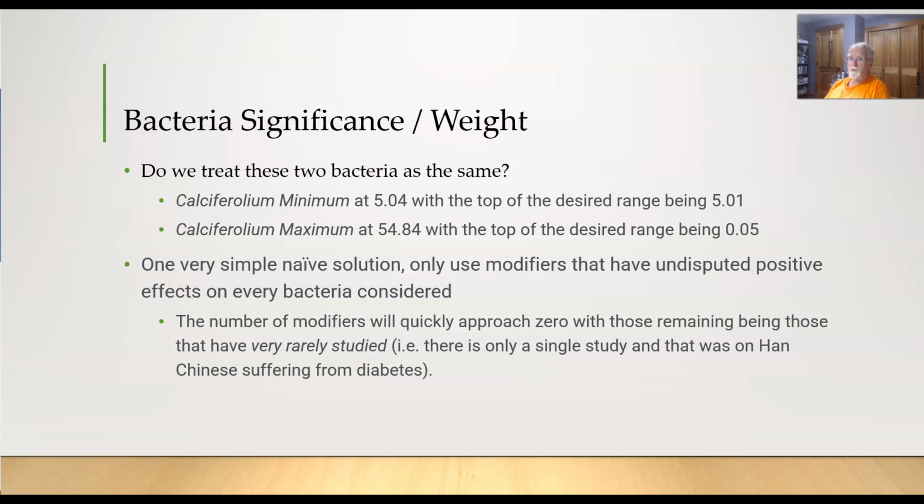There's many ways of trying to do the importance here. One simple but naive solution is to only use a modifier that has undisputed positive impact on every bacteria considered. Nice conceptually, but when we go down to it, we quickly find the number of modifiers approaching zero. There's nothing left.